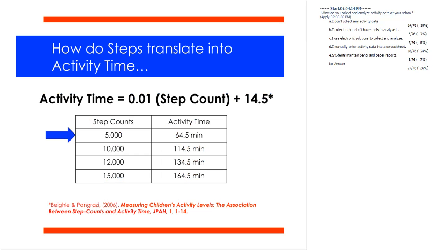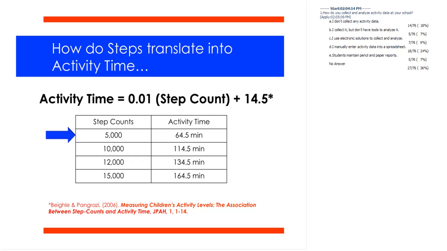As a general rule of thumb, about 5,000 steps is about an hour of activity time. That doesn't talk about the intensity of it, but it gives you some idea of the amount of time kids are being active if all you have is step pedometers.